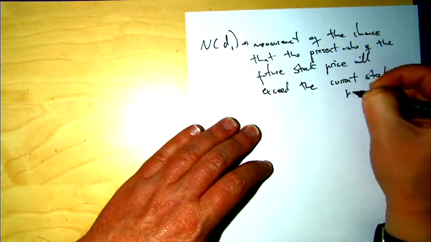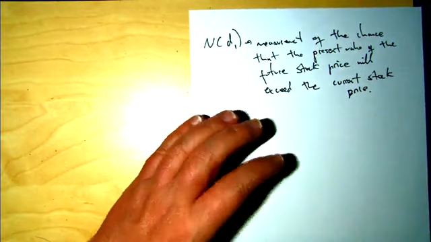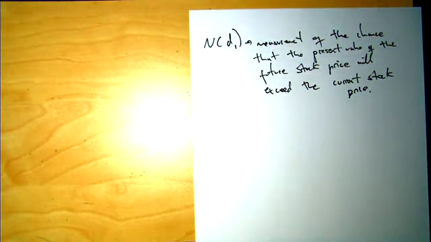What does that mean? That means what is the likelihood that prices will go up? Okay, so what's the chance that prices are going to go up, prices are going to increase.